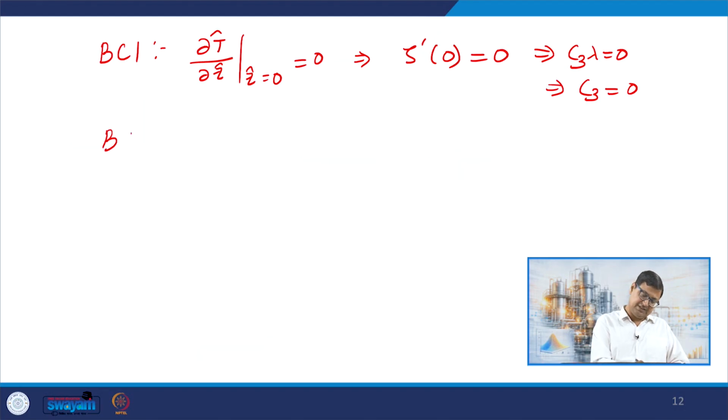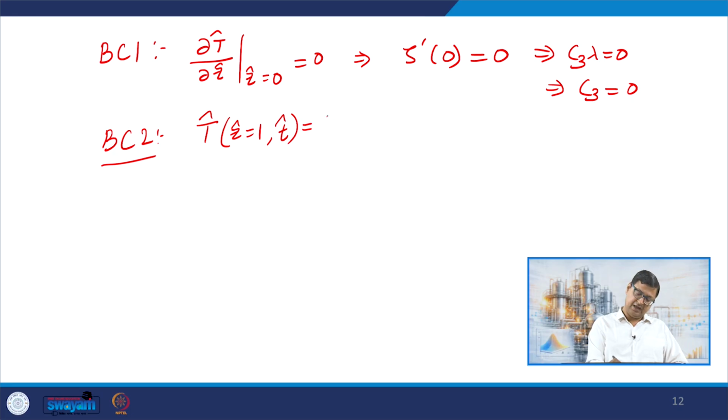And the second BC is my T cap at z cap equal to 1 and T cap is equal to 0.